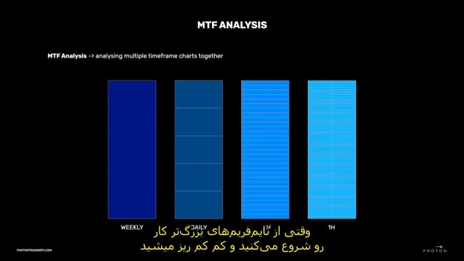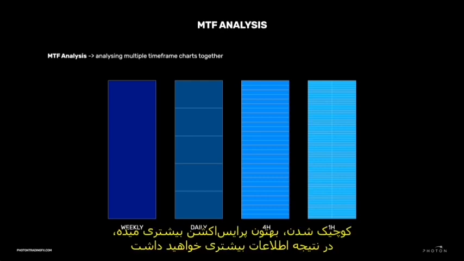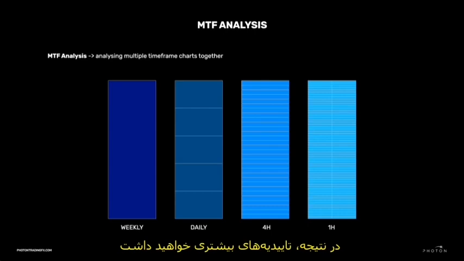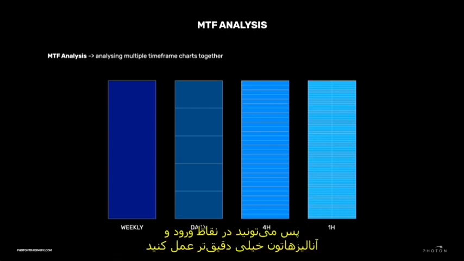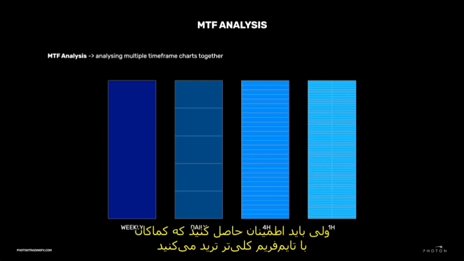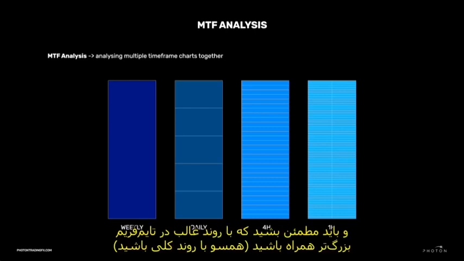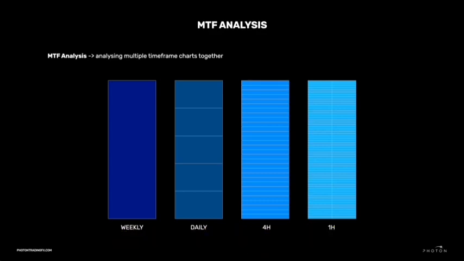So you can clearly see that as you start from those higher time frames and work your way down, going lower will give you more price action, which is going to give you more information, and therefore more confirmation. So you can be extremely accurate with your entry points and your analysis, whilst making sure that you are still trading with the overall higher time frame bias, and with the dominant trend of the higher time frames on your side.